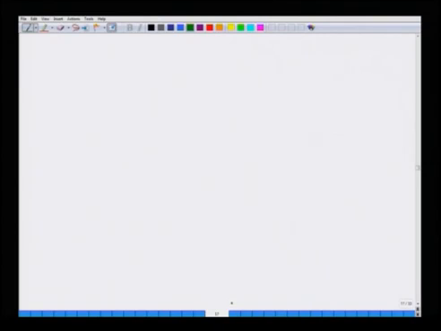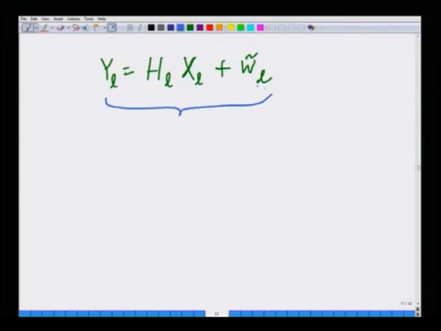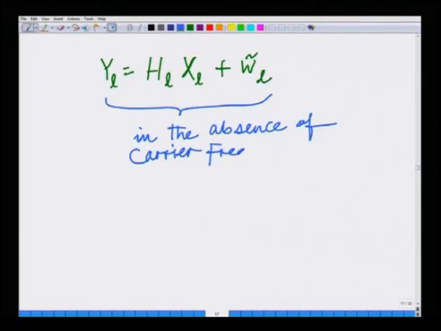Hence, in the absence of carrier frequency offset, we have Y_L equals H_L times X_L plus W̃_L. Remember, this is in the absence of any offset in the carrier.